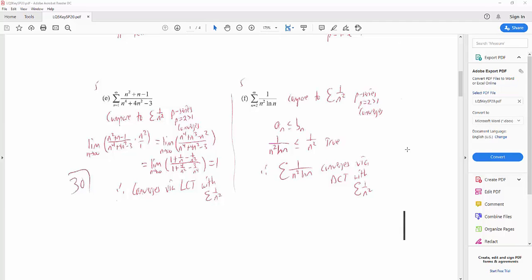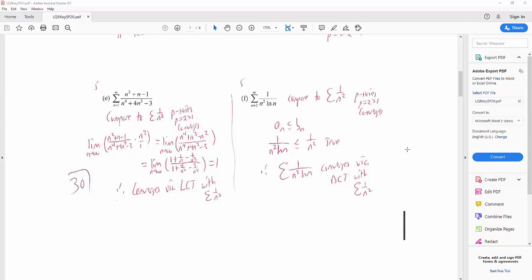Part F, the series 1 over n squared natural log n. Well, I compared that to the series 1 over n squared. Again, p series that we know converges. And then here I wrote down the preamble of the direct comparison test because I know 1 over n squared natural log n is less than or equal to 1 over n squared.